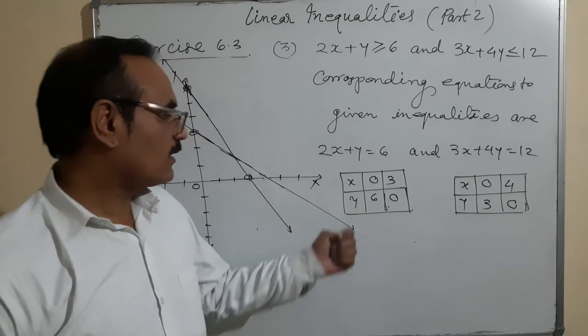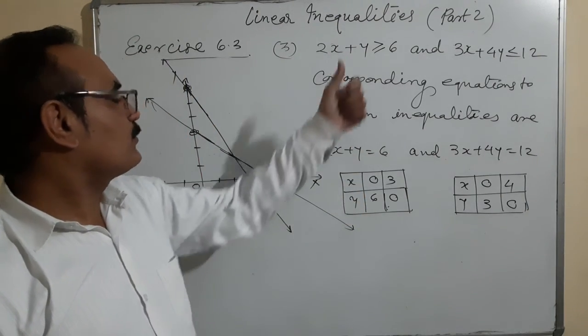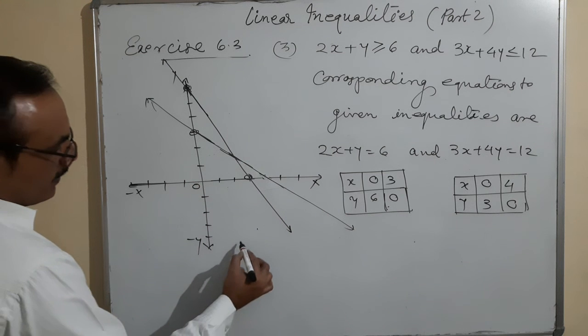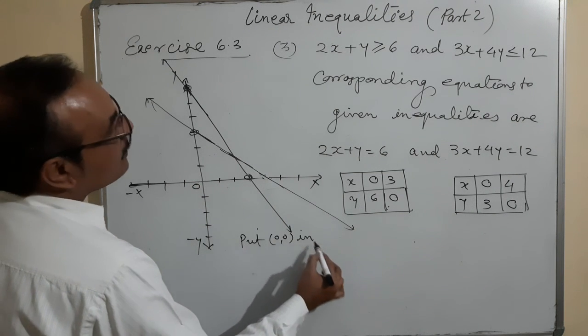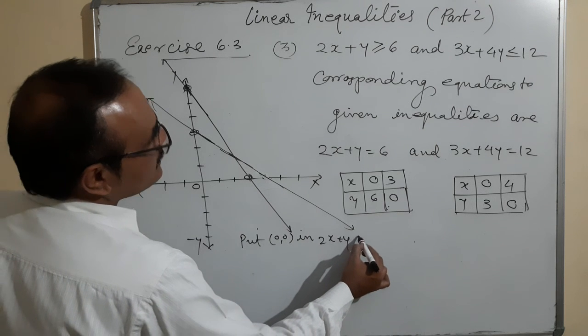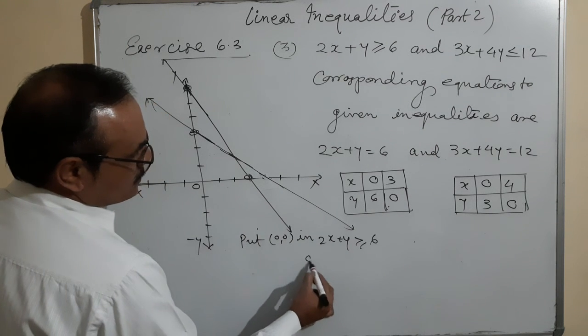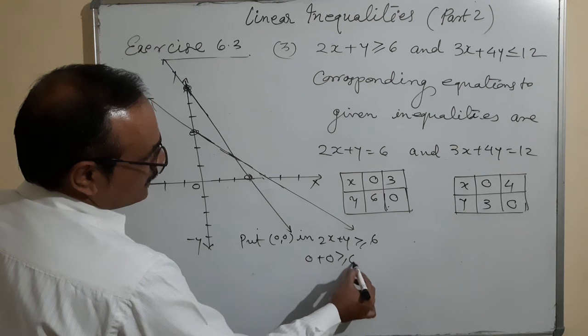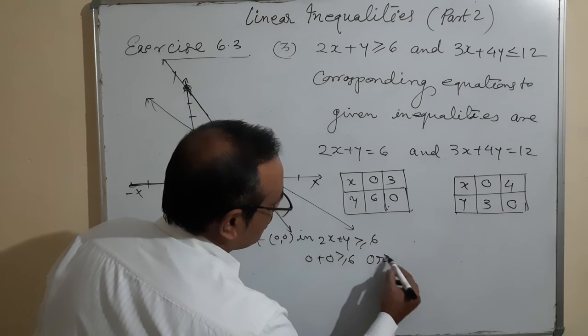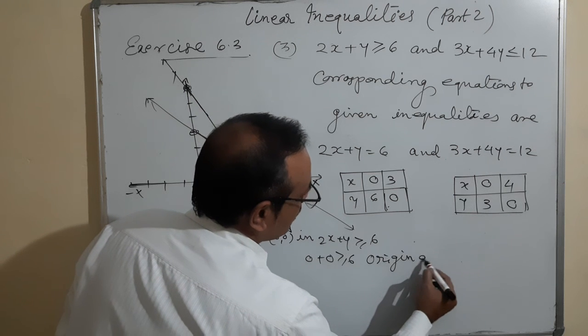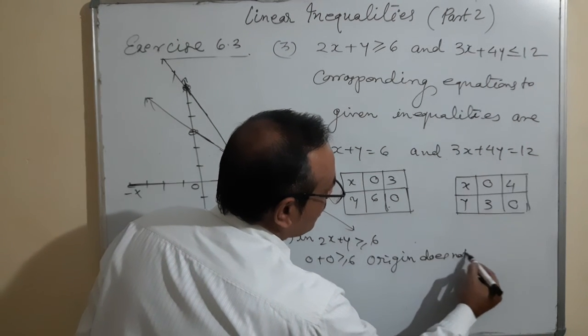After that, let us check this. Put the origin again, put 0, 0 in 2x plus y is greater or equal to 6. So 0 plus 0 is greater or equal to 6. What does it mean? Origin does not contain.